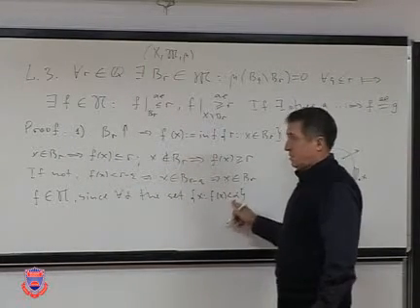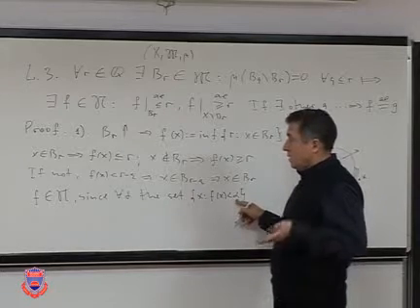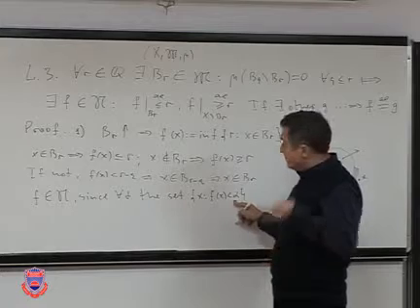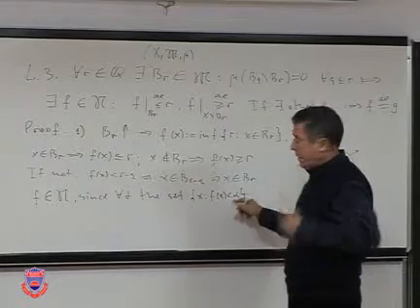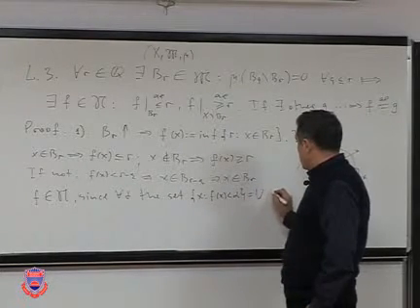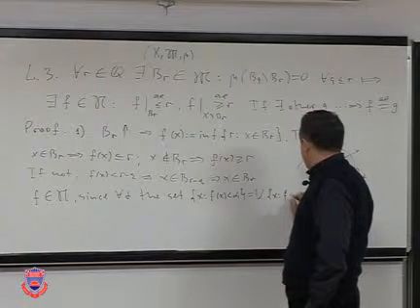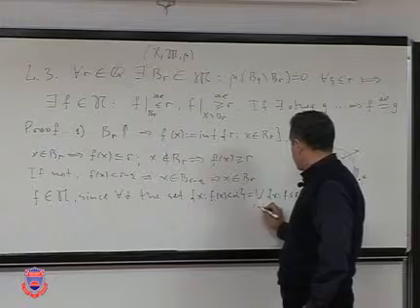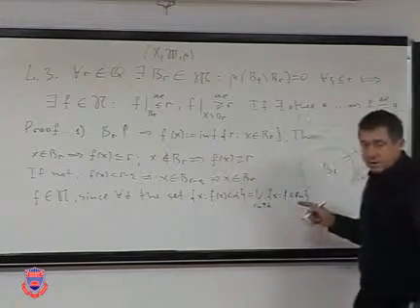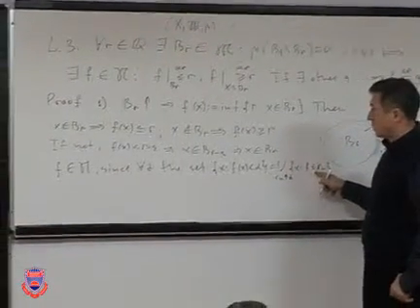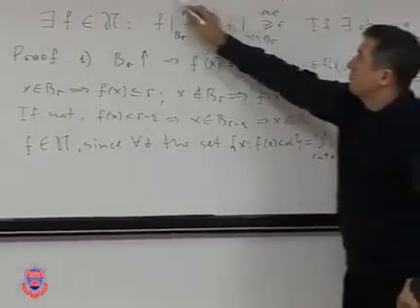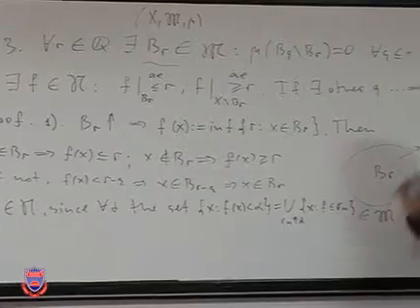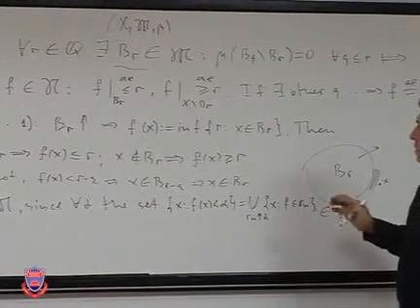But of course, since this alpha can be approximated, for example, from below by rational values, this is the union of the sets x such that f is less or equal than R_n, where R_n increases to alpha. We have this representation, and these sets are measurable, since these sets are B_R. So this is a measurable set, so the function is measurable. Indeed, that's almost all.